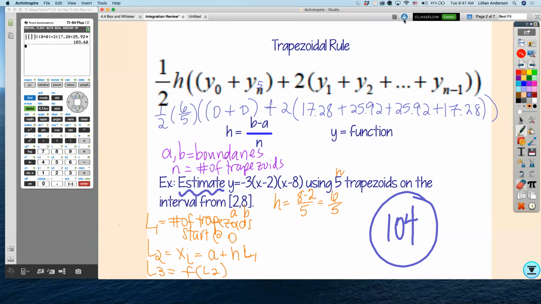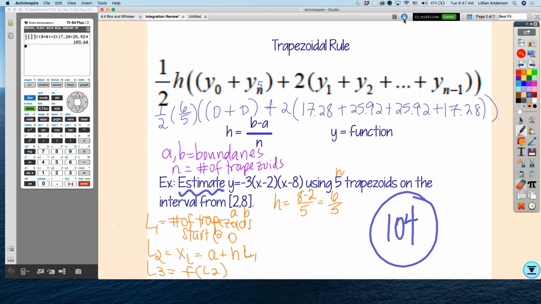A good question was asked. If it doesn't specify to use the trapezoidal rule or like the rectangular method or the other ways, how do we know? Well, one thing is that if it says estimate the area, then they're wanting you to use not the calculator, not the fundamental theorem of calculus. They want an actual estimate.